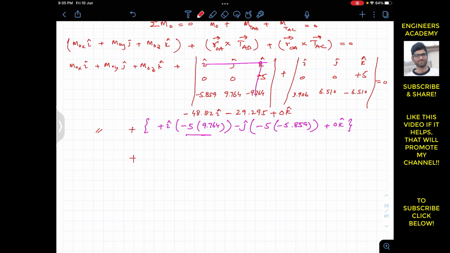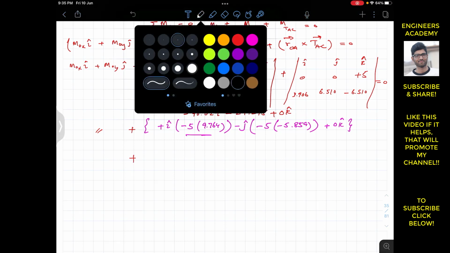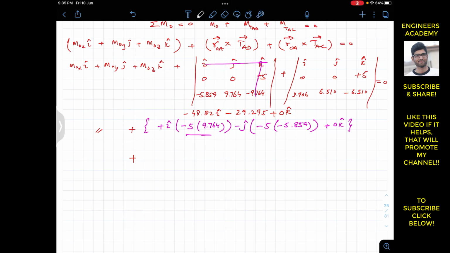Similarly we will write plus, and now the moment due to the tension in AC. So that is, again we will write this like this, and this will be plus i, and this will be 0 minus this. So this is minus 5 into 6.510, and then the second column. So for the second column this is 0 minus this, and with j we need to write minus.